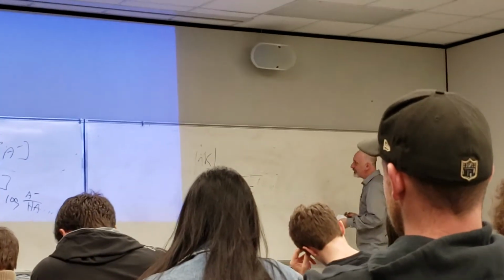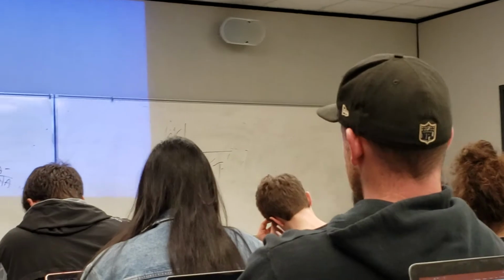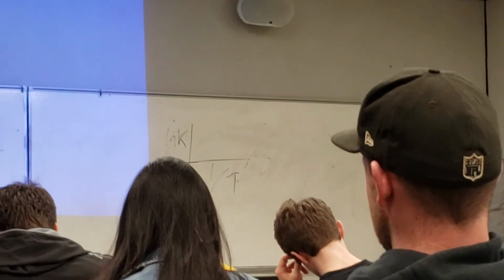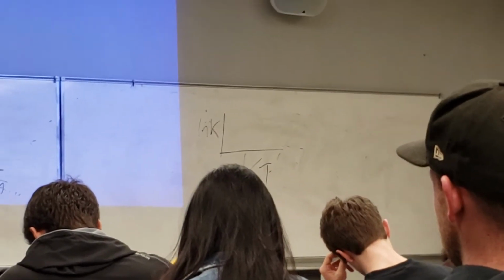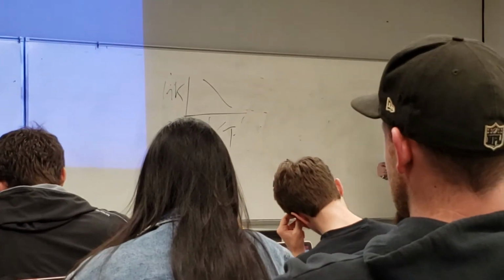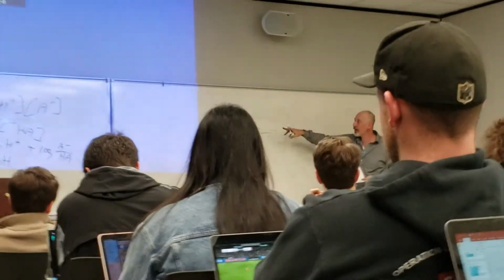So think about it this way. How am I going to derive this relationship of K and temperature? Well, what is it going to look like? Is this a line? Is it a curve? Yeah, biochemistry loves lines. Okay, yeah, it's a line. Cool. So how do I go from K to T?